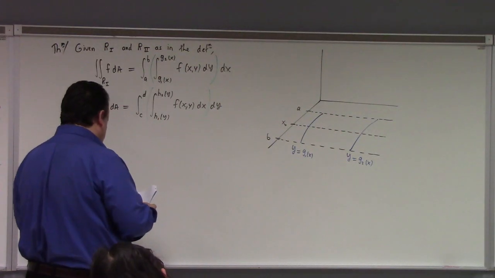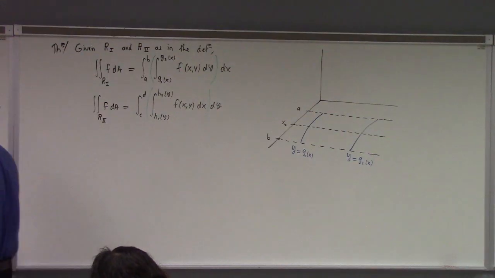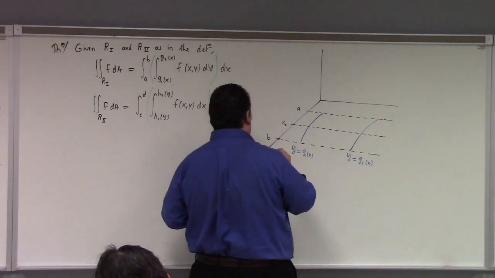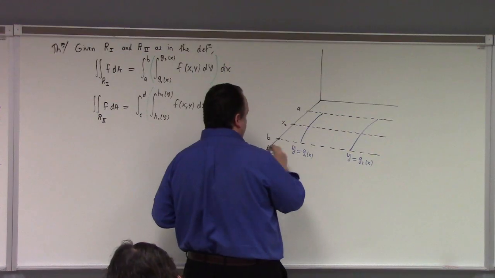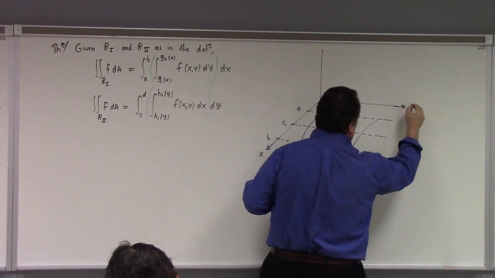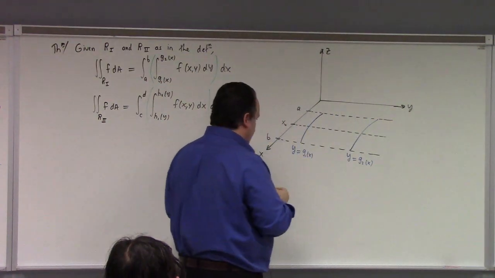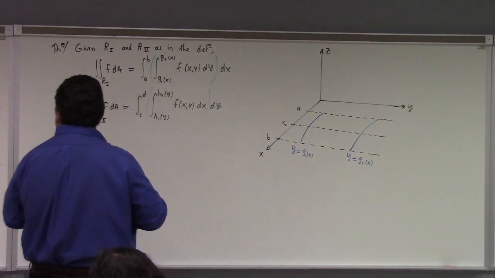And so, not pictured yet is f. So I'm just talking about the region that I'm integrating over is a type 1 region, and I'm identifying it for the sake of this graph with a particular subset of the xy plane, right?